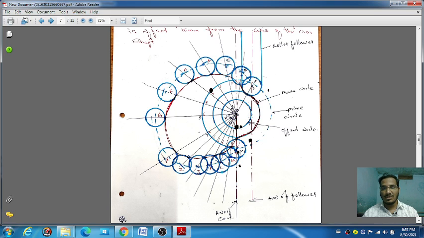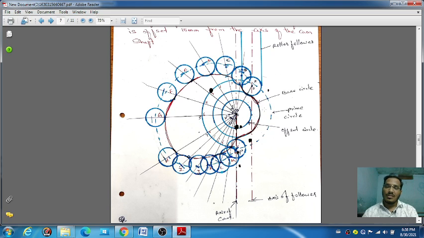How much is the total? Here you can see, from here to this point, the distance is 15 mm, which is 1.5 centimeter. The axis of the follower is there.